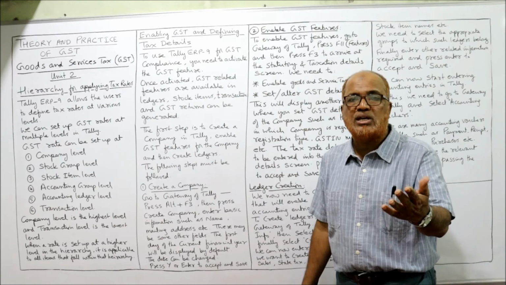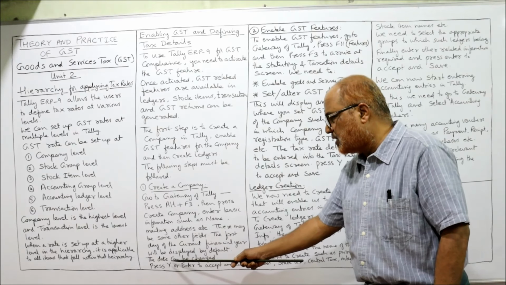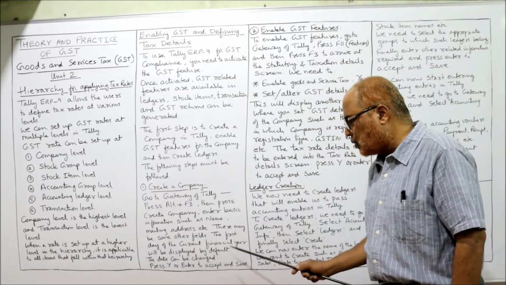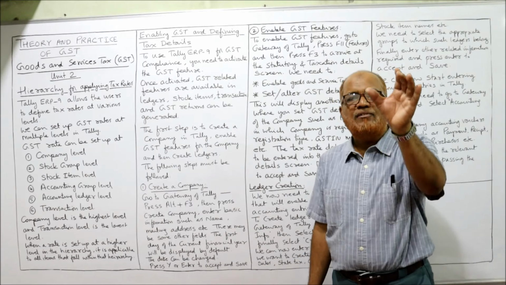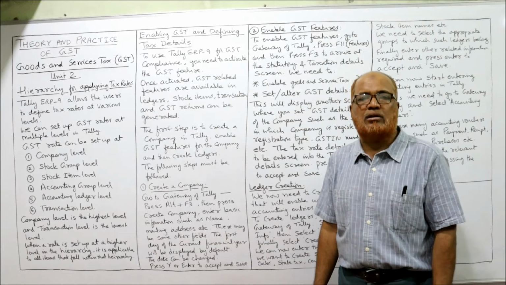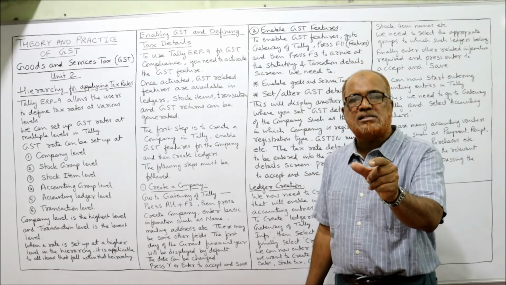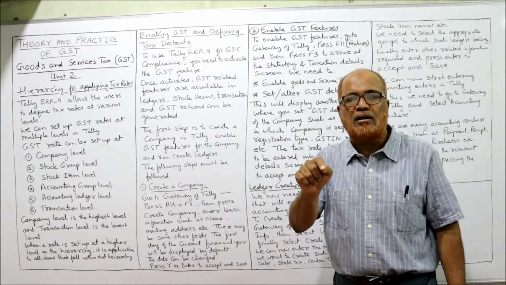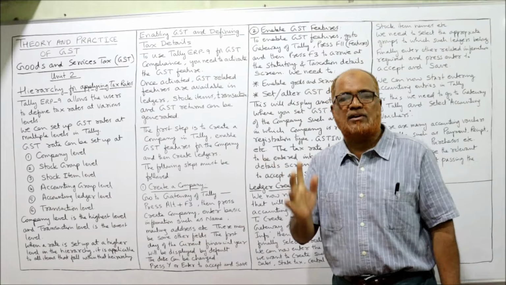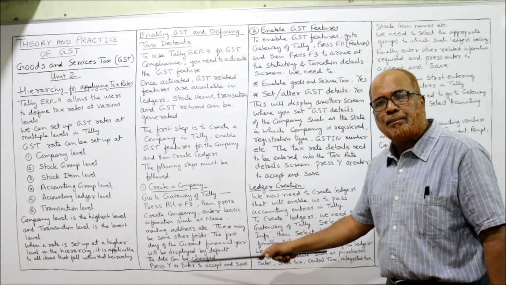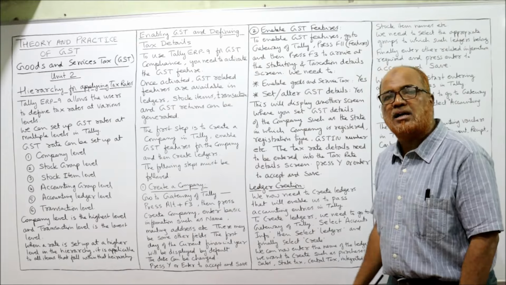If you want to change the date, you can change it. After giving the details, press Y or simply press enter to accept and save. That's all. This is the step to create the company.